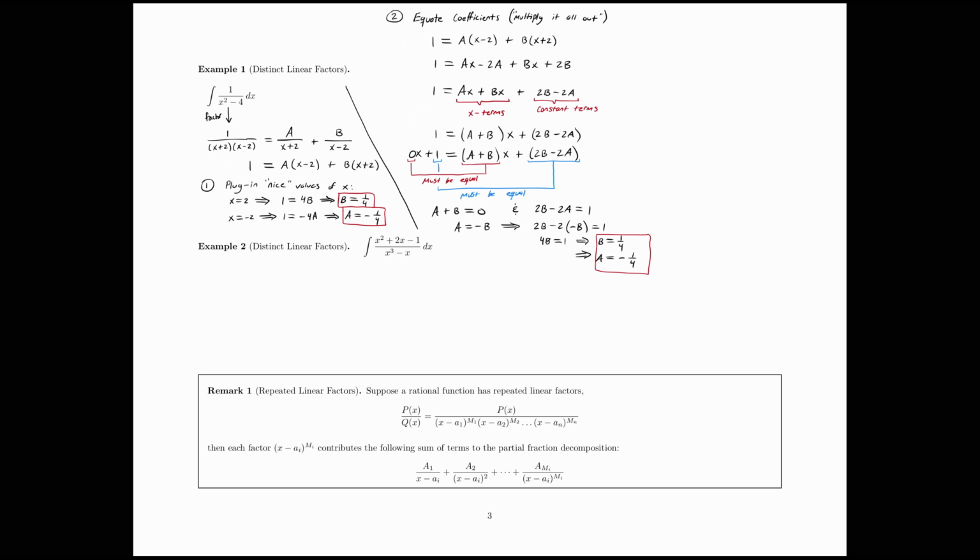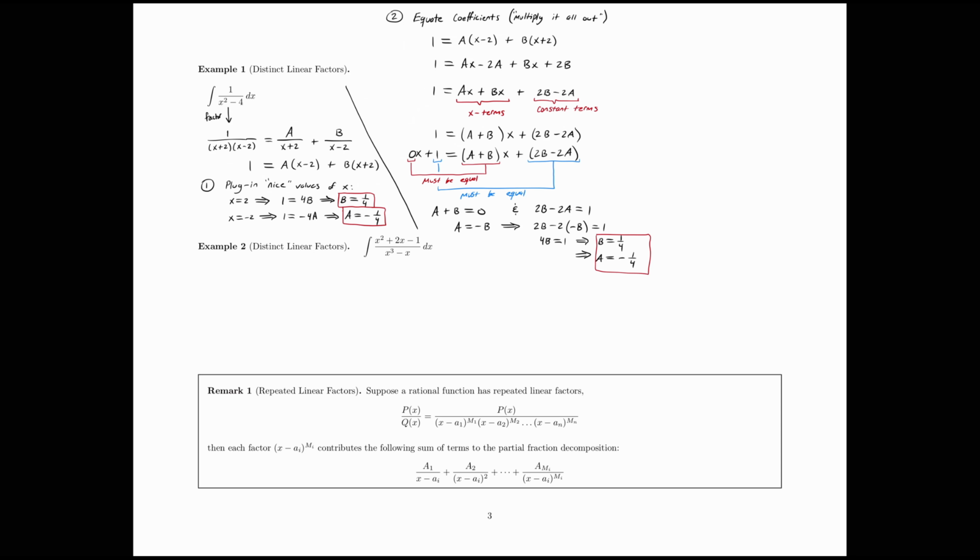So it's really important that you do a blend of these things. This method might seem lengthy and annoying, but it can be the least of all evils when you're doing a particularly nasty partial fractions decomposition with lots of terms and factors, some of which are repeated, some of which are irreducible quadratic. At times it can be faster once you get the hang of it.